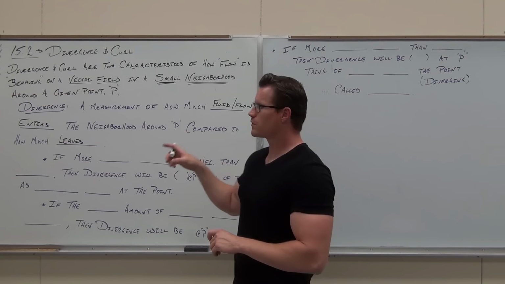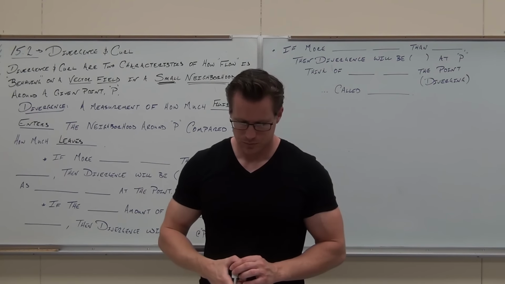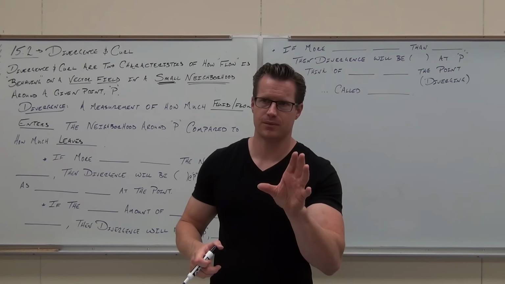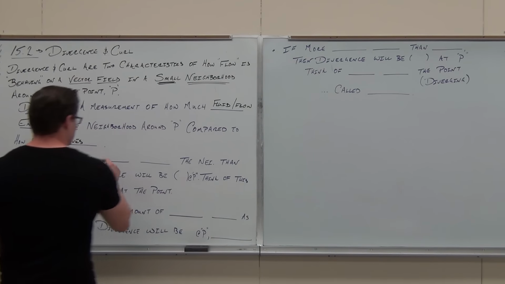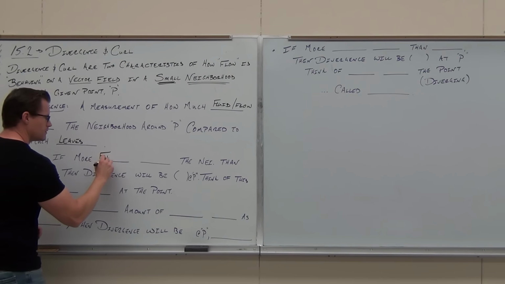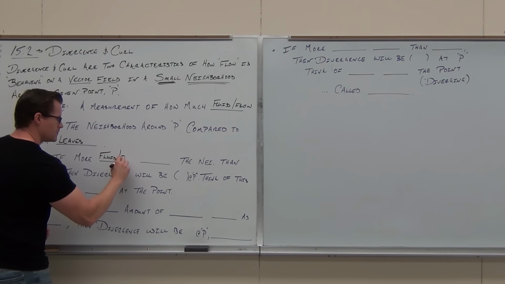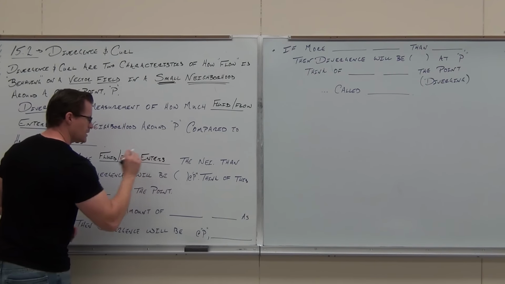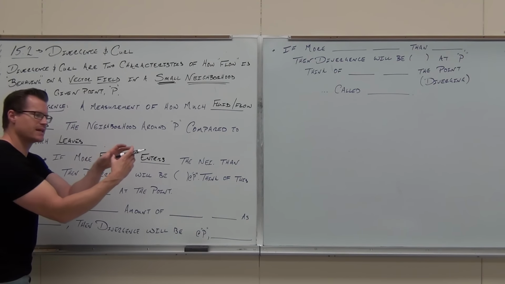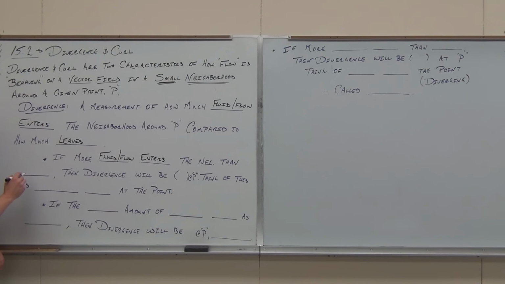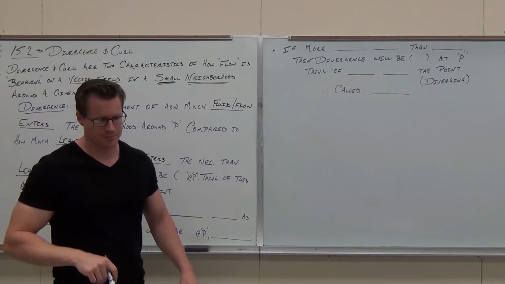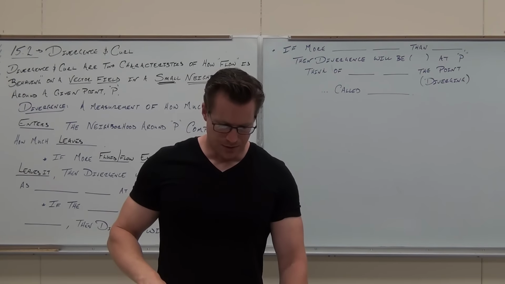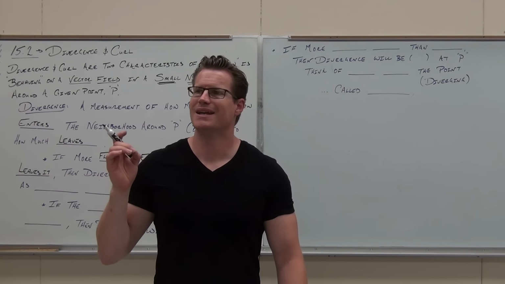If more fluid or flow enters that small neighborhood around a point than leaves it, then divergence is going to be negative.